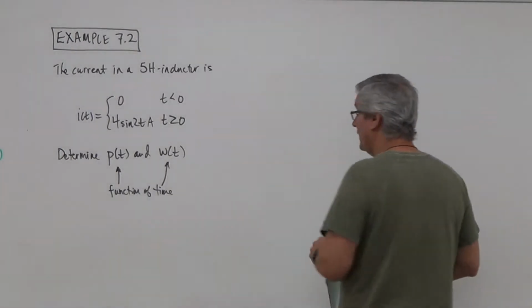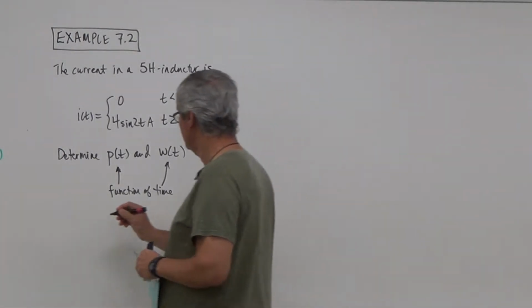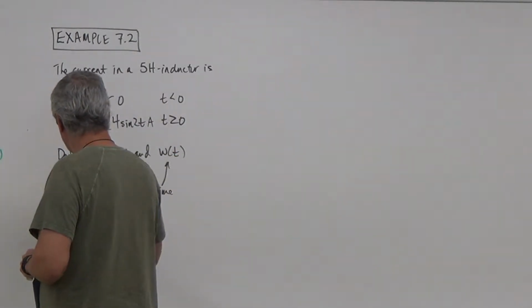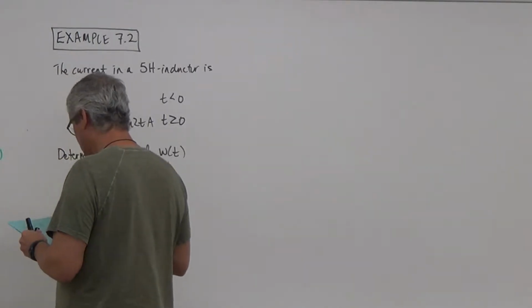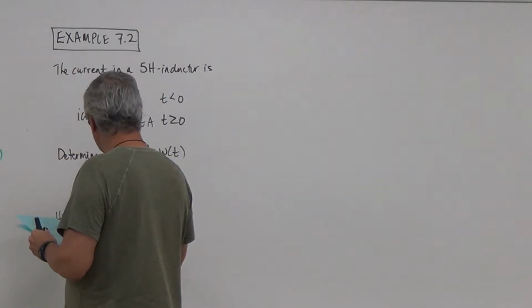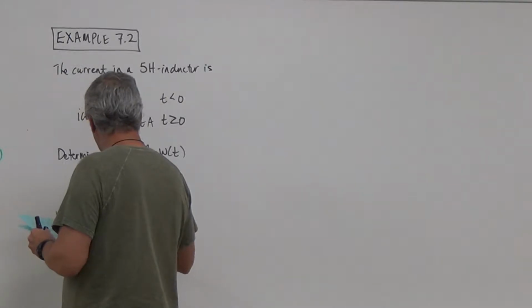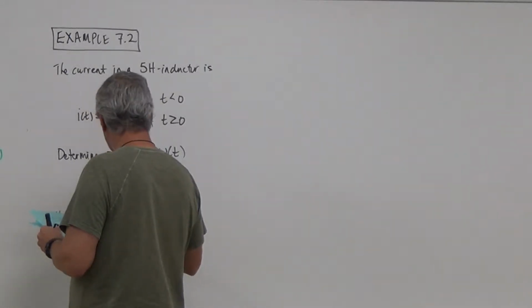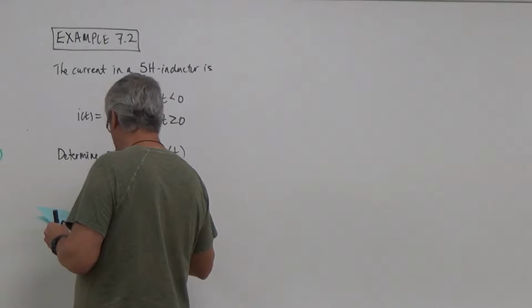One of the things that I give here is a hint. If I look at this hint here, I'm going to tell you that there's an identity that looks something like this that we can use.